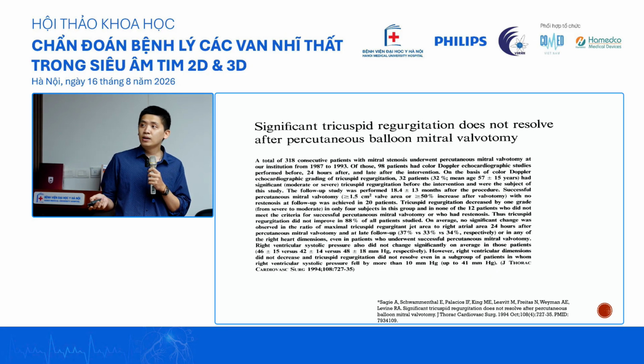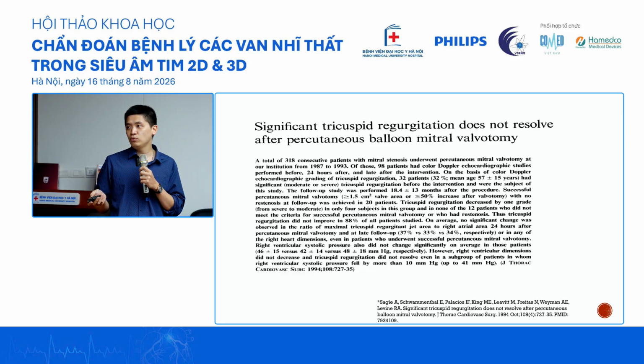Also, another thing that we usually do in our center is balloon mitral valvotomy. We usually think that if we open the mitral valve, the PA pressure is going to go down and the TR is going to regress. But some research points out that up to 88% will not experience any regression of TR at all.